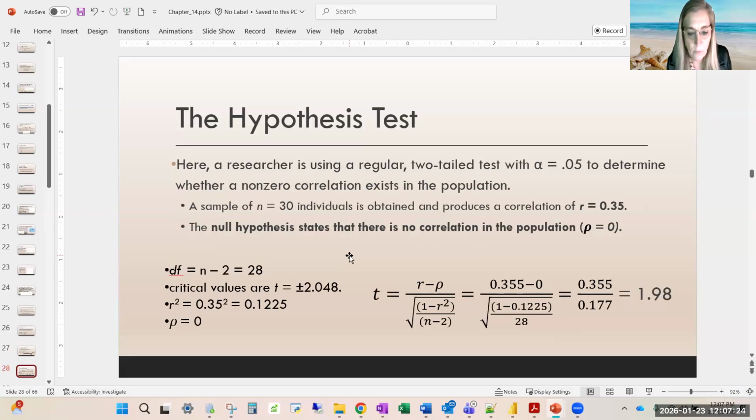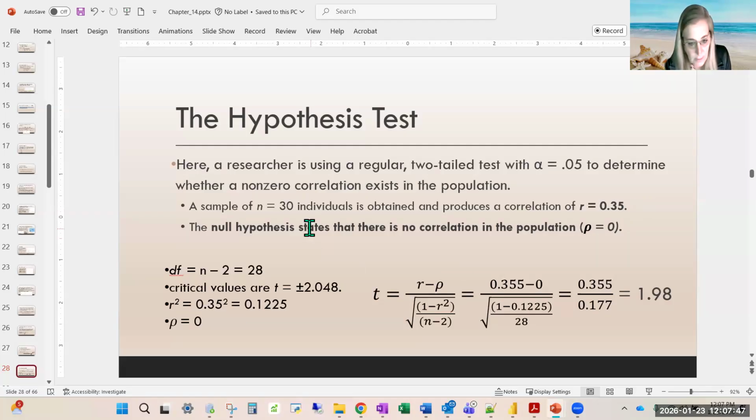Here we have a researcher using a regular two-tailed test with an alpha of 0.05 to determine whether a non-zero correlation exists in the population. He or she has a sample of n equals 30 individuals and produced a correlation of r equals 0.35.